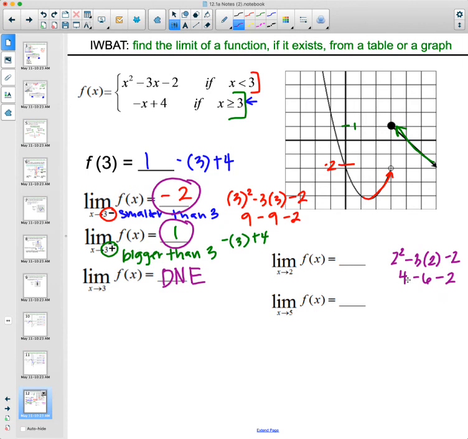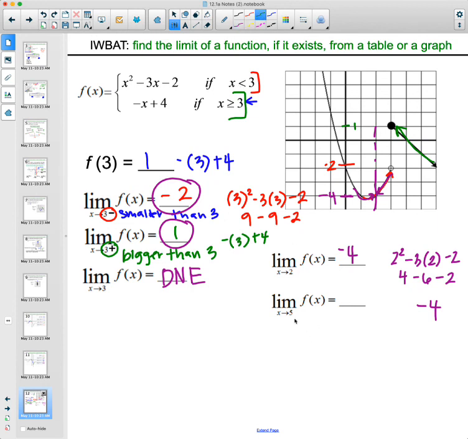And so 4 minus 6 is -2, minus 2 is -4. And we could look here. Okay, so here's x equals 2. So from the left, it's here, and from the right, it's here. That's at a height of -4, so that matches on our graph to what we just did there.